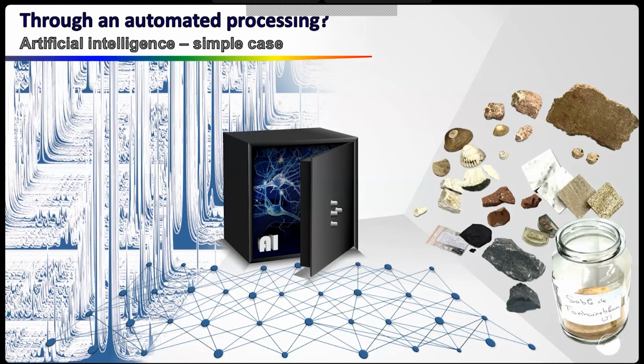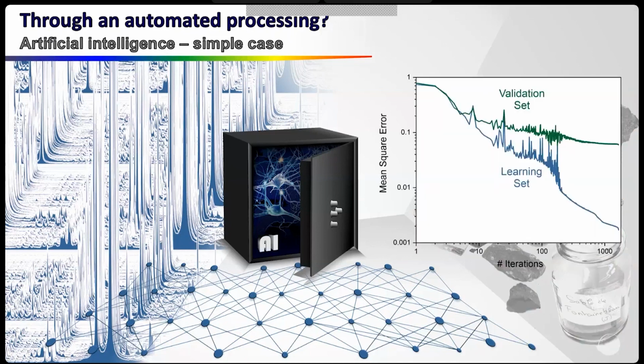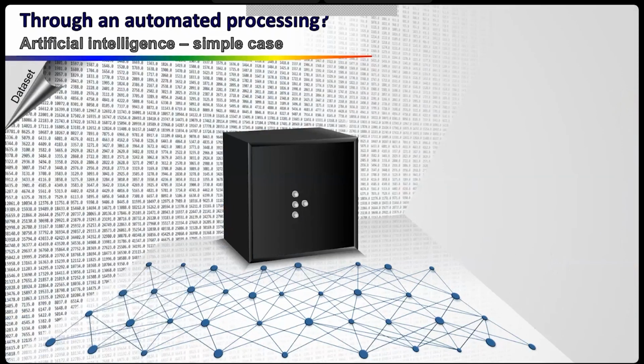So for each of the classes we want to identify, we got like 200 reference spectra for each class. And then we did some learning of the algorithm to force the algorithm to identify the different categories of spectra and so on.